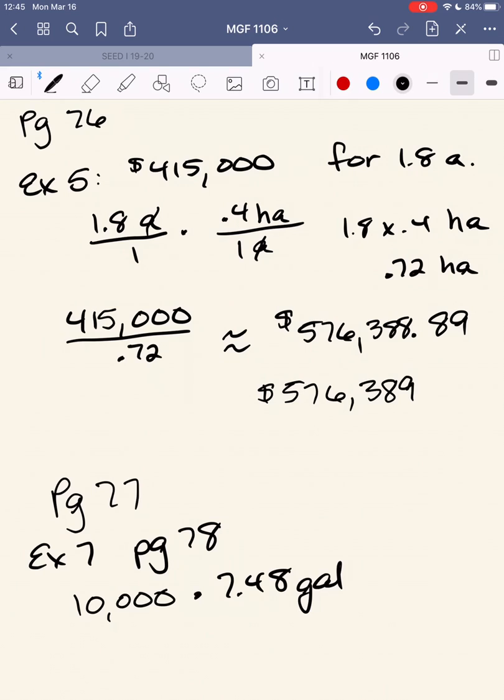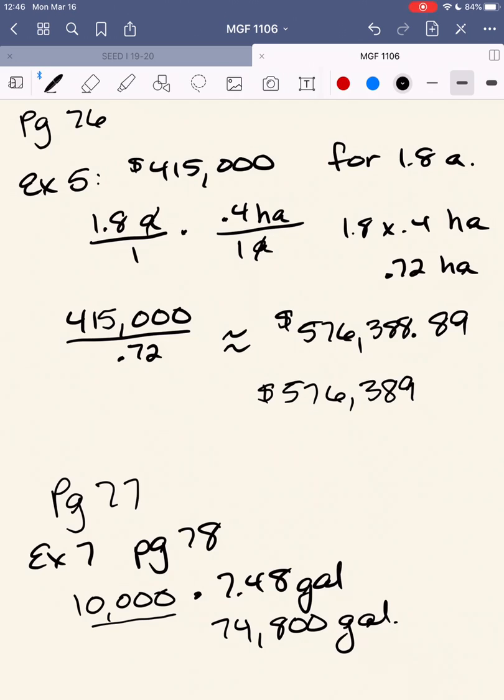It ends up being 74,800 gallons. That's because this is just a power of 10, so when we multiply by it, it gives us a nice number, and it's very easy to convert that over.